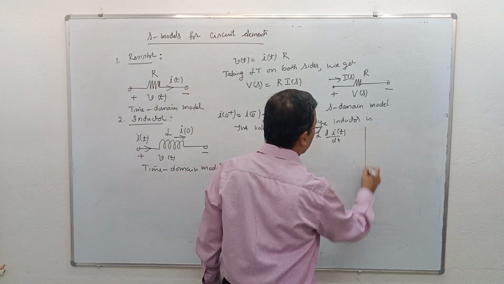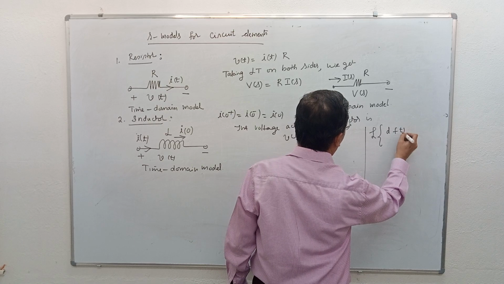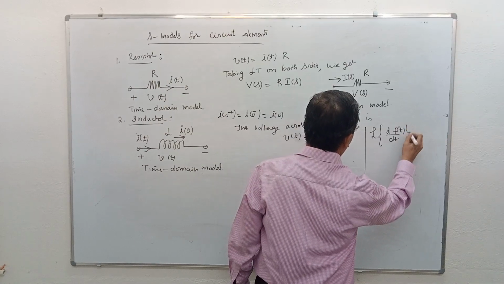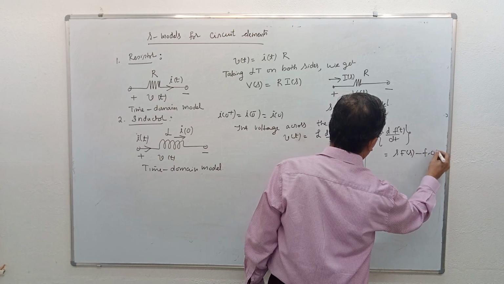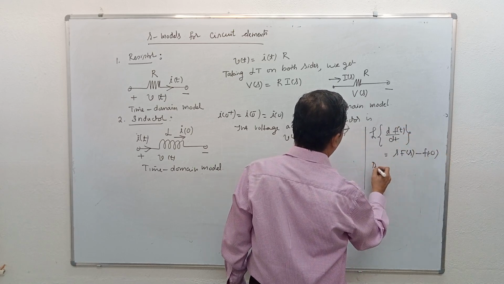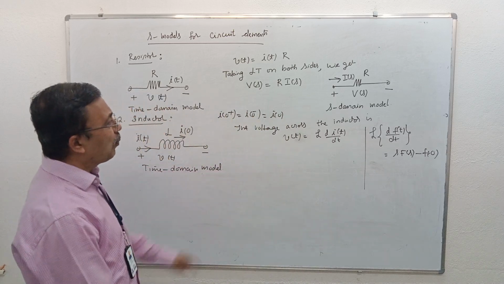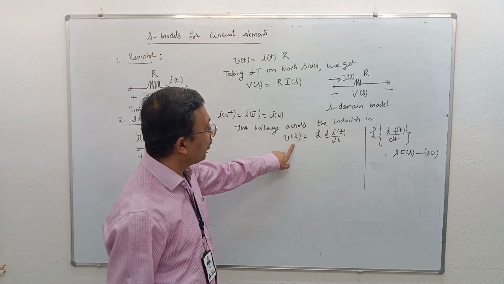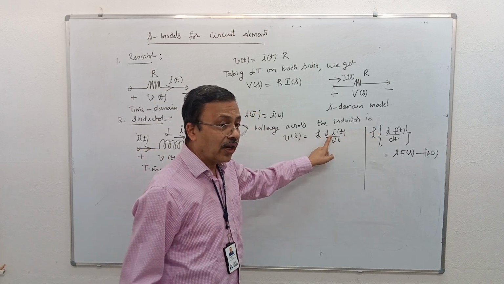What is the differentiation property? The Laplace transform of df(t) by dt is equal to s into F(s) minus f(0). This is the time differentiation property. I have listed this property earlier. Apply this property to this equation with f(t) replaced by i(t).